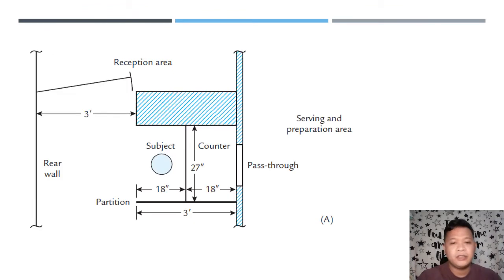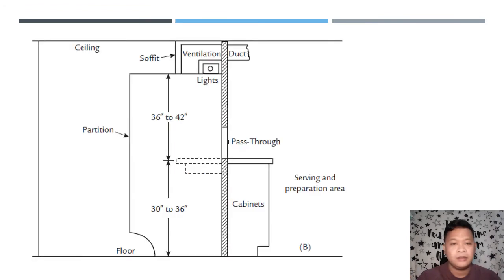So here's just another illustration looking at it from the top with a partition wall in between. And here is a side view where you can see the sample pass-through and the ventilation ducts.